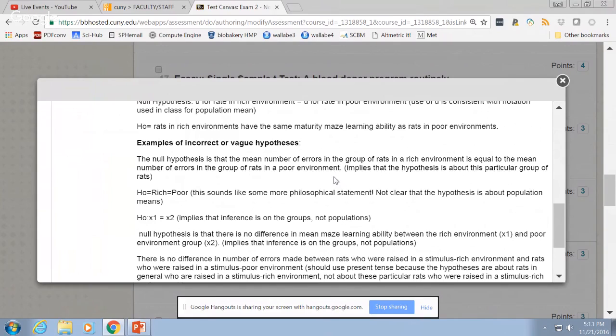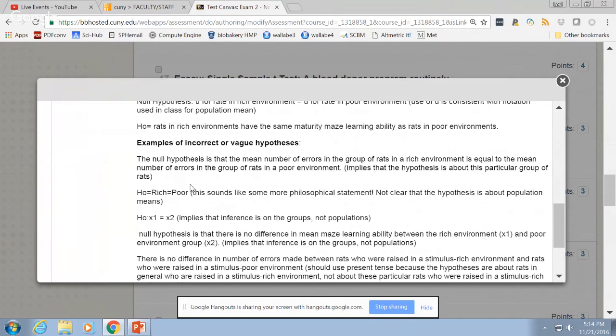And this is incorrect because it implies that the hypothesis is about this particular group of rats. You don't need to do a hypothesis test to say whether the mean number for this group of rats is the same or not. I mean, they're not, because they're never exactly the same. Does that make sense?